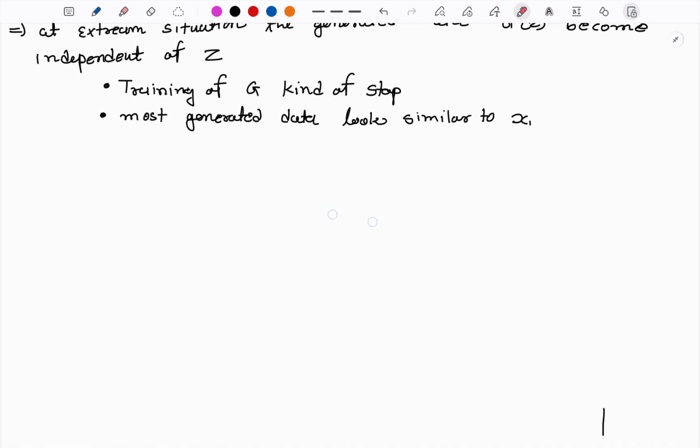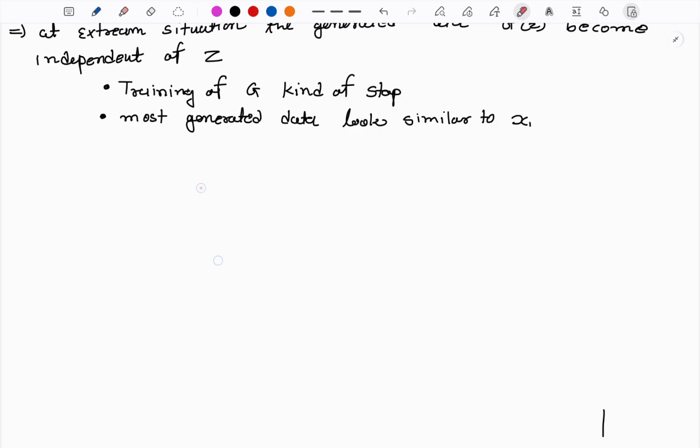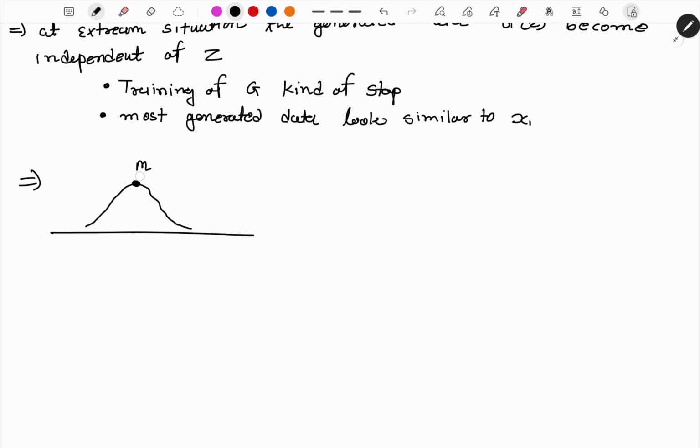So if we draw the probability distribution of the data, and let's remove this one. If this is the probability distribution of the real data, then this is the mode of this data. And the data close to the mode, meaning data lying in between this range, is more realistic data, the most frequently occurring data compared to this data.